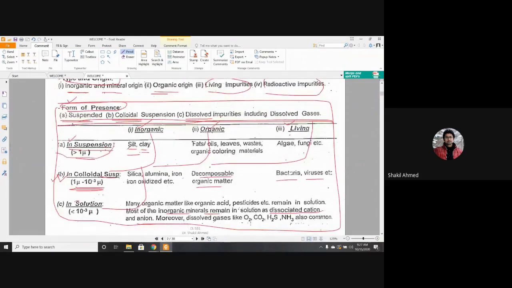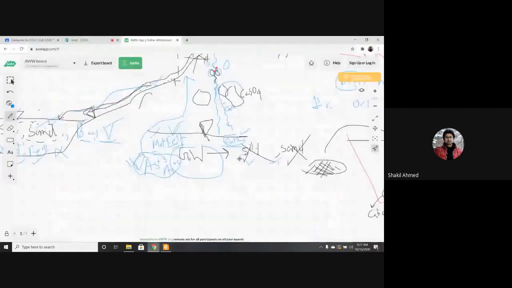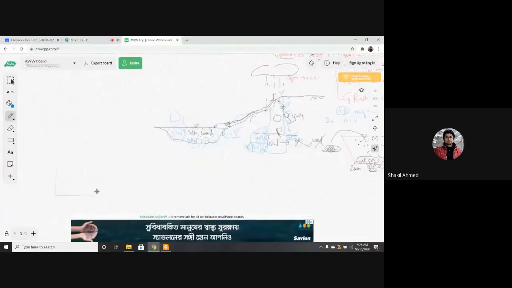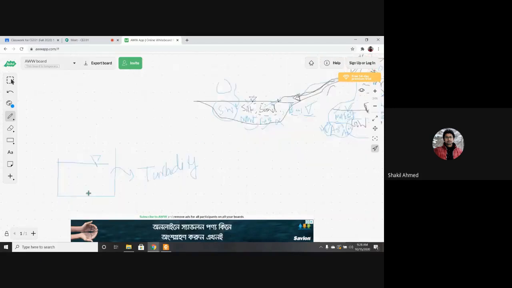Silt, clay, algae, fungi, fats, oil, waste, organic color material. If they are present in water, then we call it turbidity. Higher their presence, higher the turbidity. Clear?